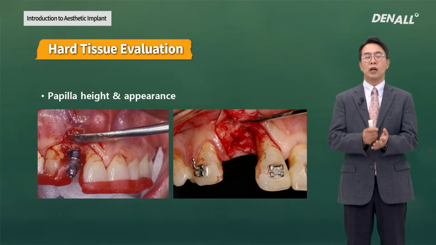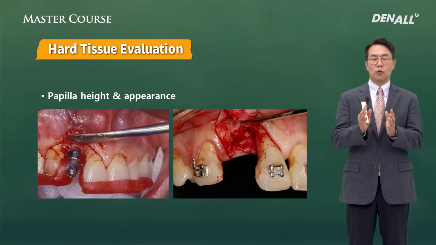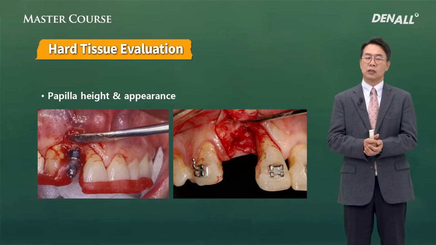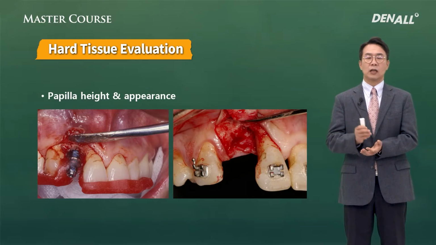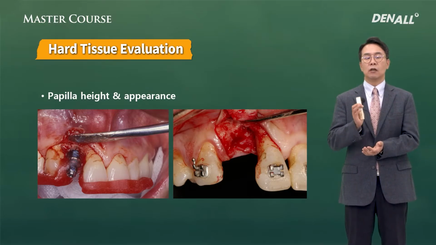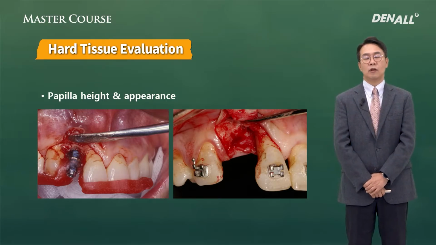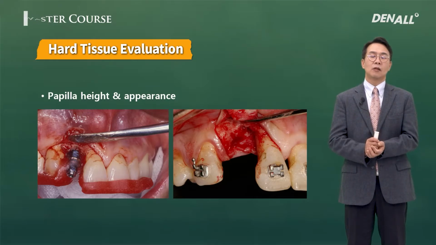So you need to consider that. The future interdental papilla, how it will be formed in the future, can be expected or evaluated at the beginning. On the right photo, in the distal of 11, there is damage. Considering that, even though we do our best, there are some things that cannot be done.